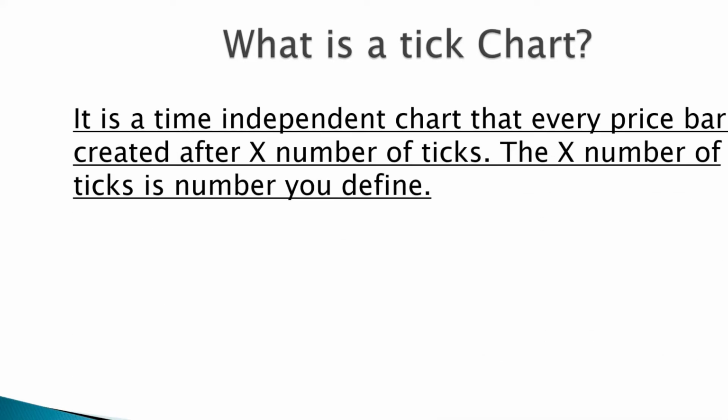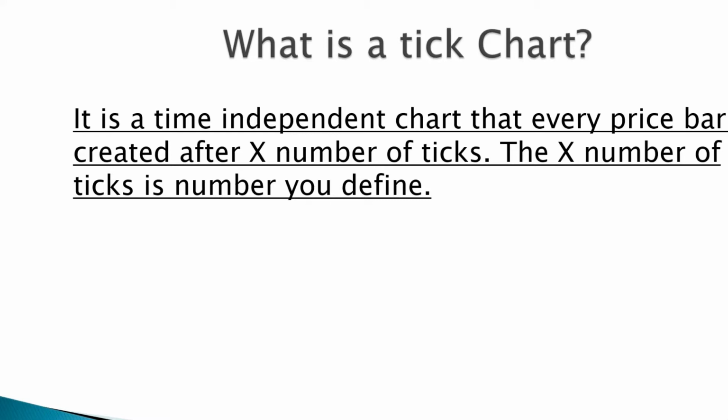Well, a tick chart is a time-independent chart where every bar is formed after a specific number of ticks. The number of ticks you can define yourself. So depending on the time frame, the larger the time frame, the larger the number of ticks.